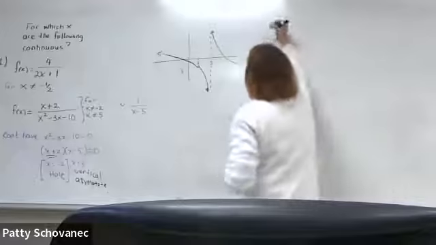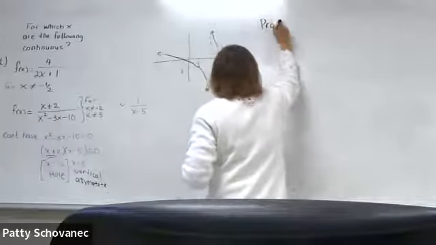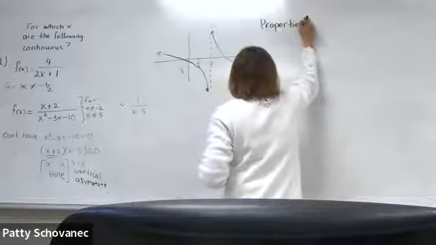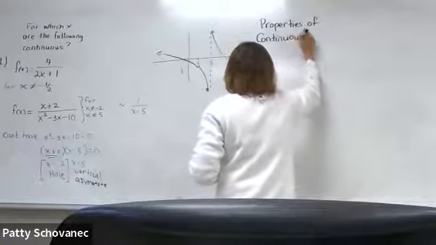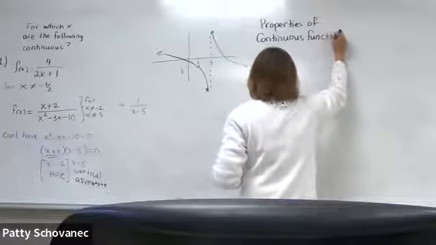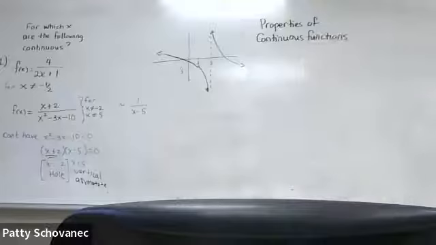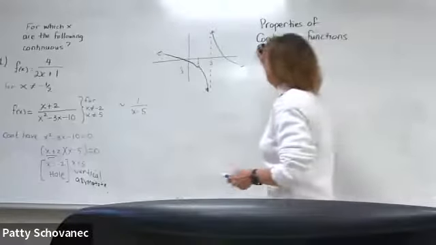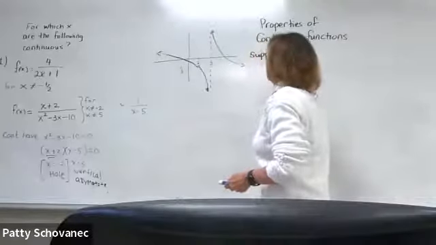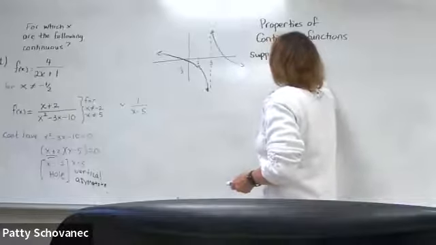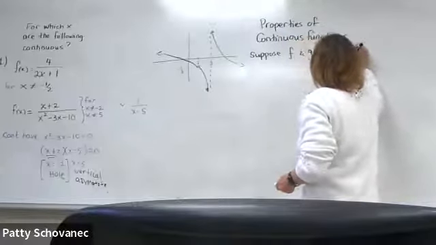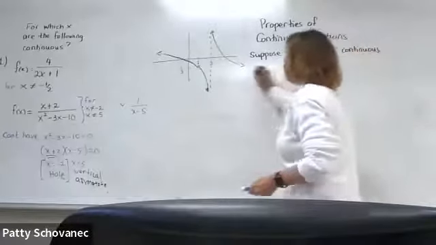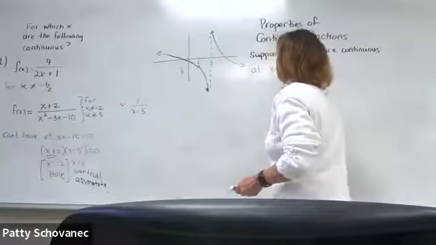All right, so let me list you some properties of continuous functions. So in my discussion here, we're going to suppose I have two functions, f and g. Suppose f and g are continuous at some particular x value, say x is equal to c.